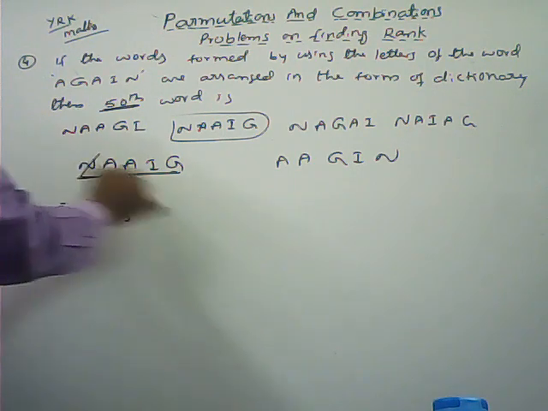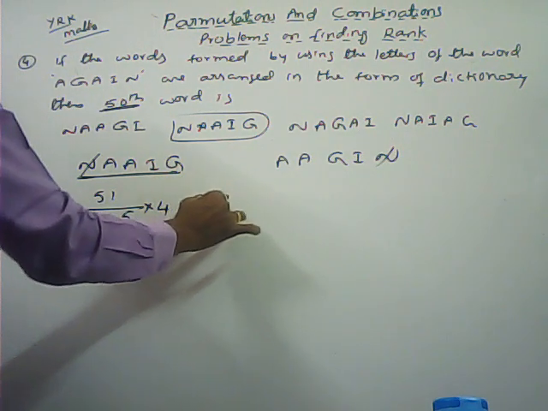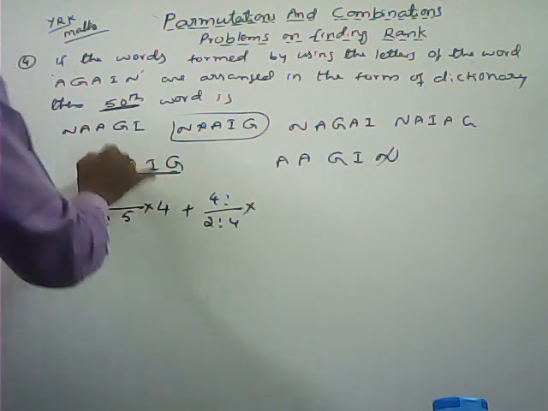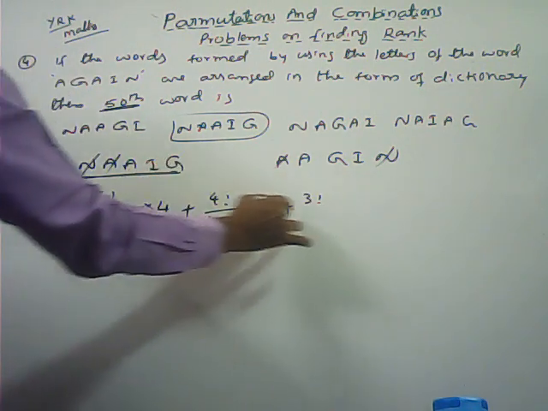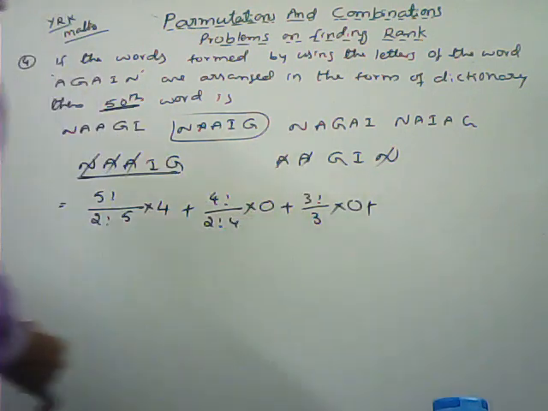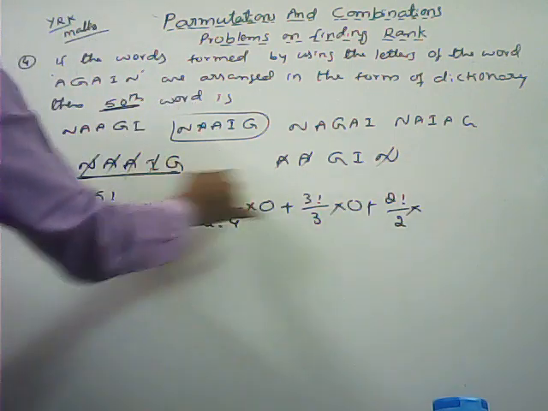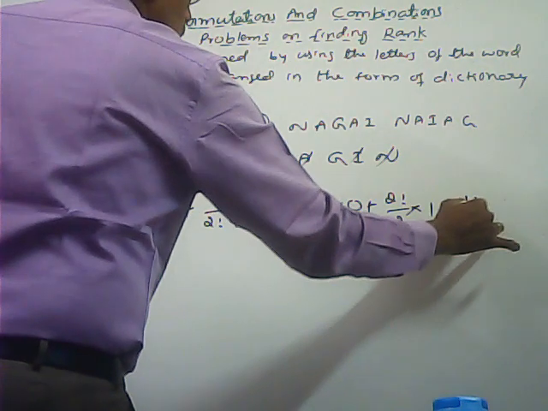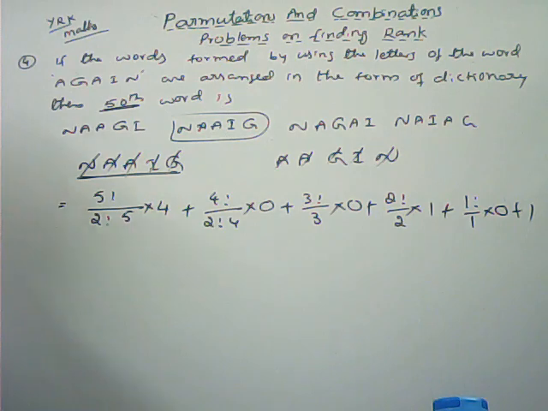Into, if I cancel N, 1, 2, 3, 4 letters are there, 3 letters, plus 4 factorial by 2 factorial, into 4 letters are there, into, if I cancel first A, 0, plus 3 factorial, all the 3 are different only, by 3 letters are there, into second A, before that 3 letters 0 are there, 2 factorial by 2, into, if I cancel I, 3 letter 1 is there, plus 1 factorial by 1, into 0, plus the word itself.